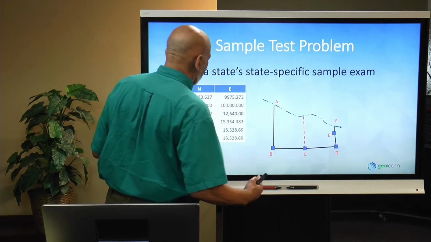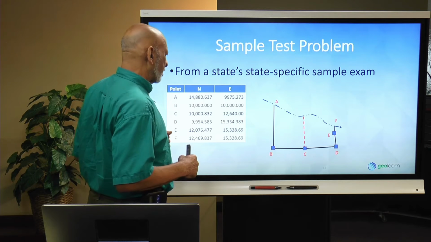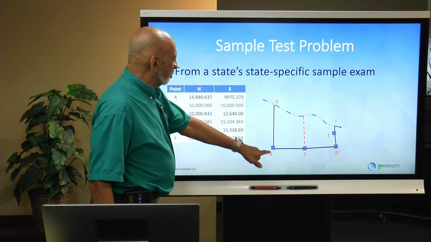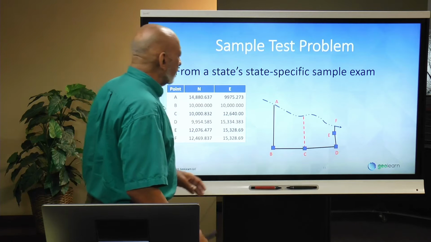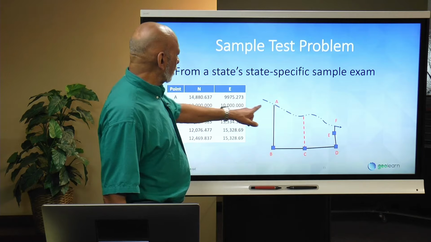But this is very standard inversing, so really I don't think any of you need that practice, assuming you've been practicing inversing. So I assumed B as being 10,000 feet, and then applying the bearings and distances that were given, I could calculate the coordinate of A.